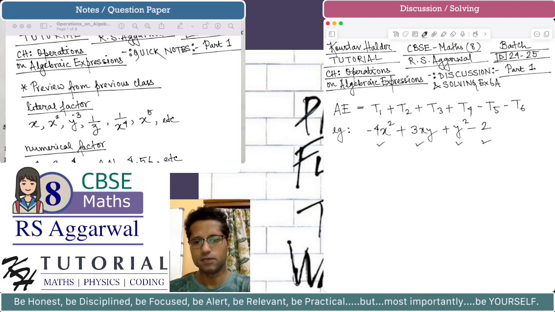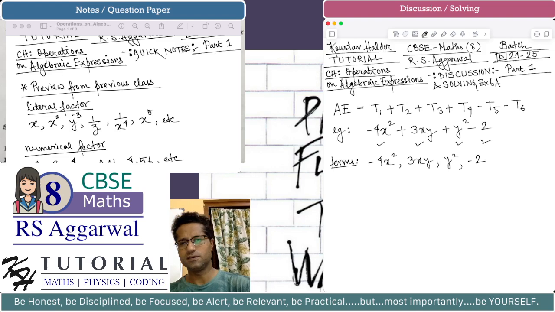The terms in this algebraic expression are minus 4x square, 3xy, y square, and minus 2. You already know that this is the basic format of an algebraic expression.